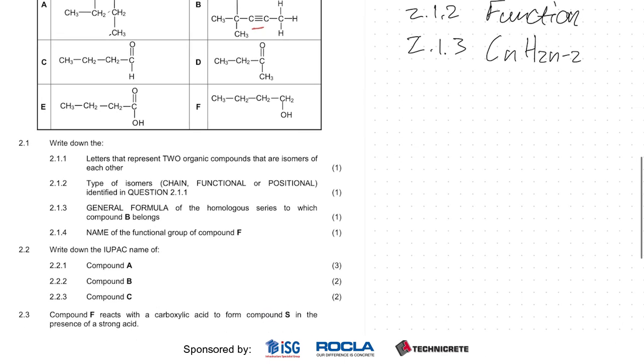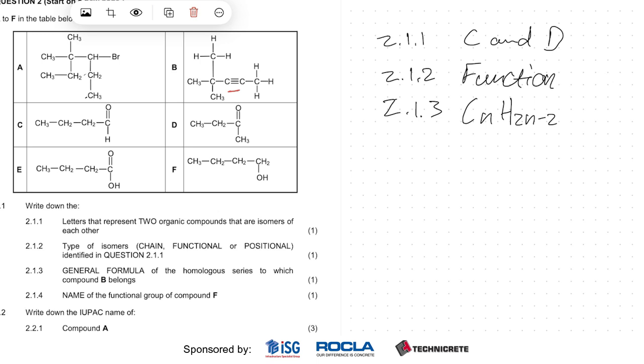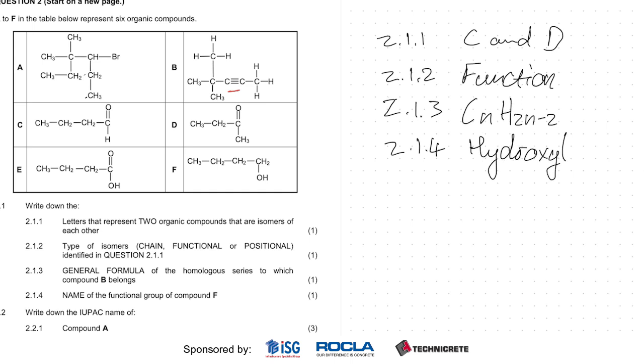Okay, moving on. Name the functional group of compound F. Okay, so it is an alcohol, but I don't think you'd be marked down for saying alcohol, but it might be more accurate to just say hydroxyl. Hydroxyl group.